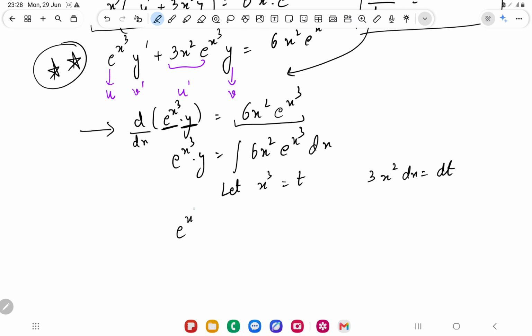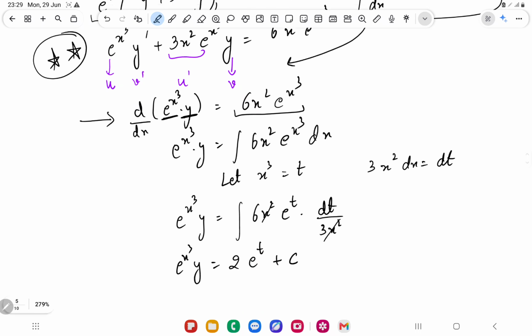Now once we have assumed, integration of 6x square e to the power t, my dx will become dt over 3x square. So this 2 will get cancelled out. So 2 times the integration of e to the power t is e to the power t only, plus c.